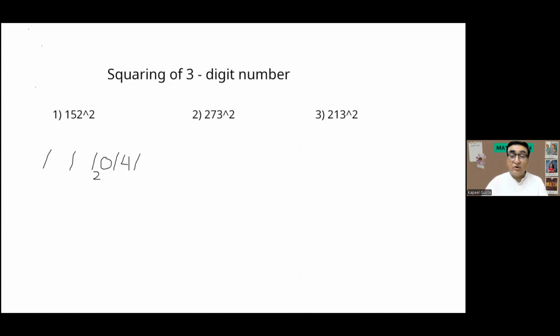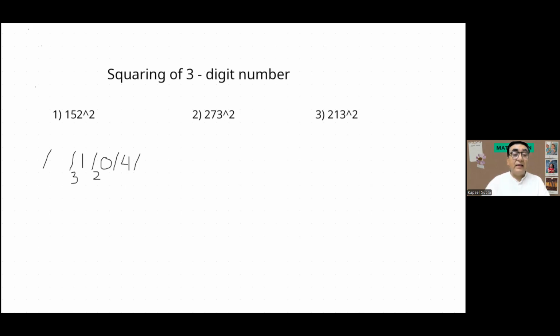That we have already done. We already got 29. But let's repeat. I multiplied 1 and 2, so that becomes 2. Double it, it becomes 4, plus 5 square, that is 25. So I get 29. Now 29 has to be added to this carry forward number, that is 2. So it becomes 31. So I wrote 1 here and then 3 as the carry forward.